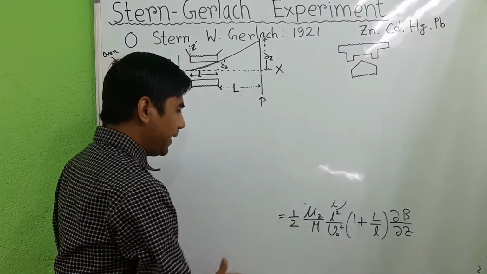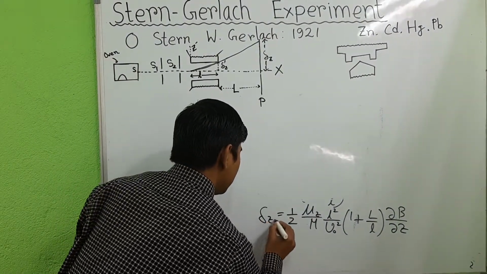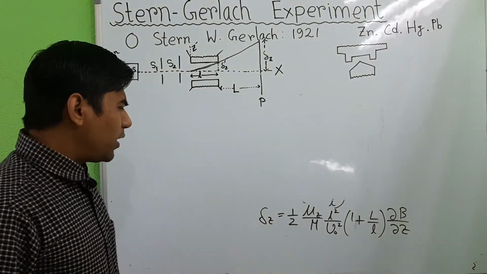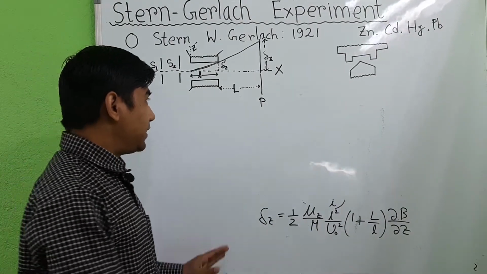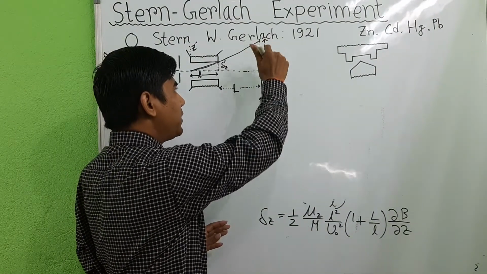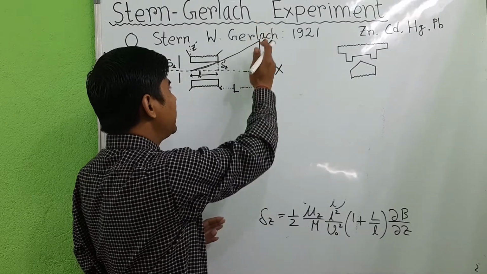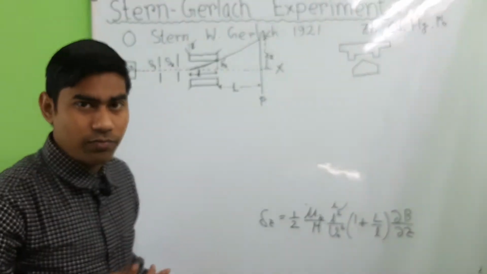So this is delta z, that is, the total displacement in the z direction suffered by the silver atom on the photographic plate P.